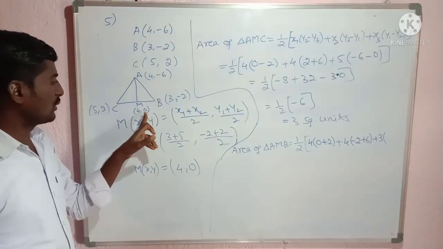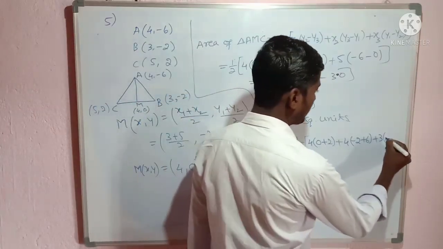The x3 value is 3, y1 is minus 6, y2 is 0, so minus 6 minus 0.